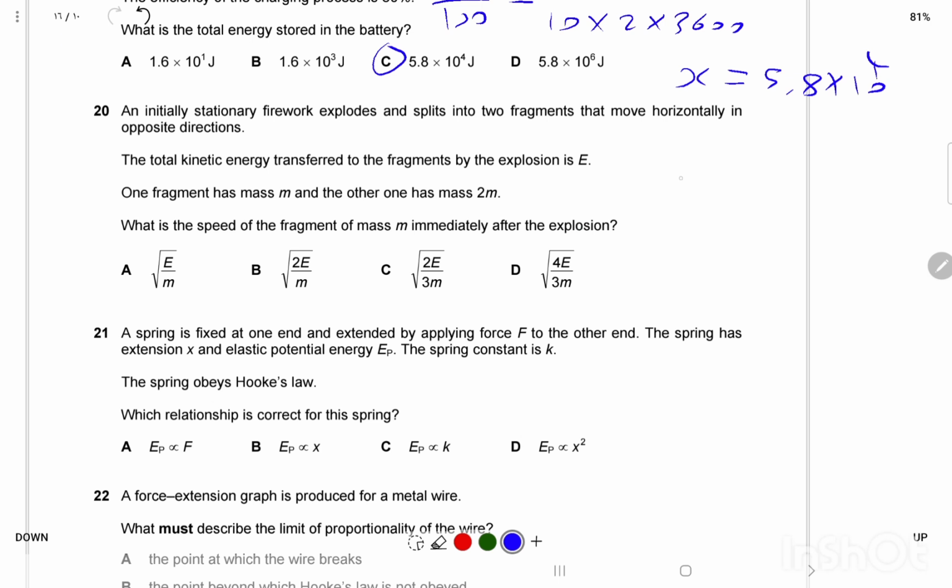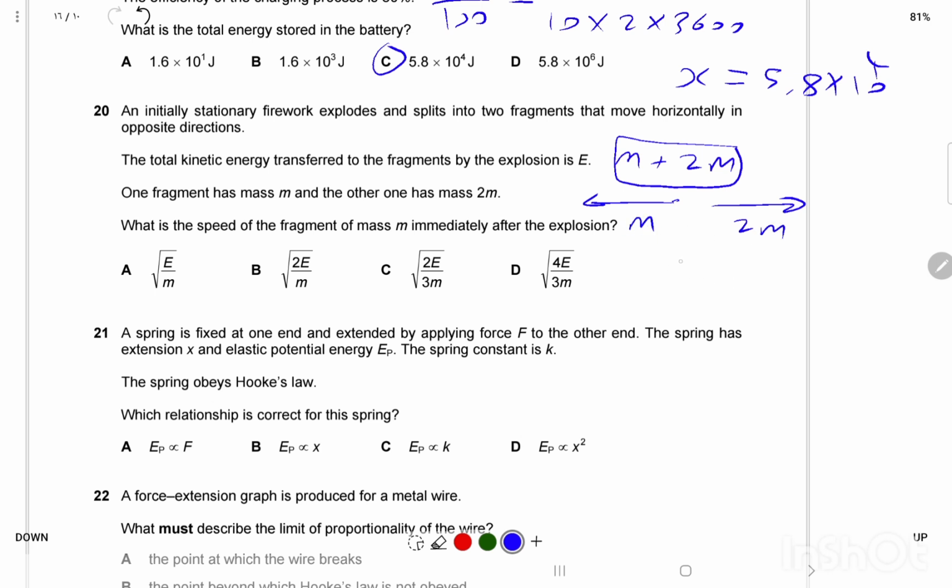So here you have the object initially, the firework, which consists of these 2 parts, 2m and m. This explodes into 2 fragments. One goes to the right, the other goes to the left. Let's assume that 2m goes to the right and m goes to the left.